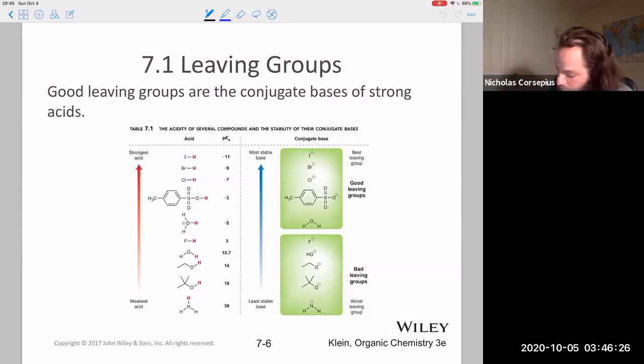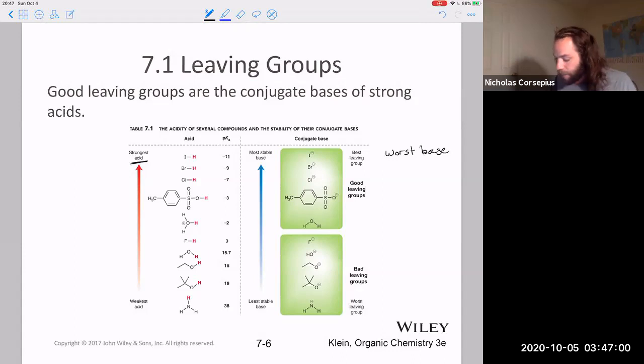So if we look at our table over here, we have our strongest acids at the very top: hydrochloric acid, hydrobromic acid, hydroiodic acid, all extremely strong acids, which means that their conjugate bases, the iodide, the bromide, and the chloride ion, are all very stable all by themselves. So by most stable base, we're really saying the worst base.